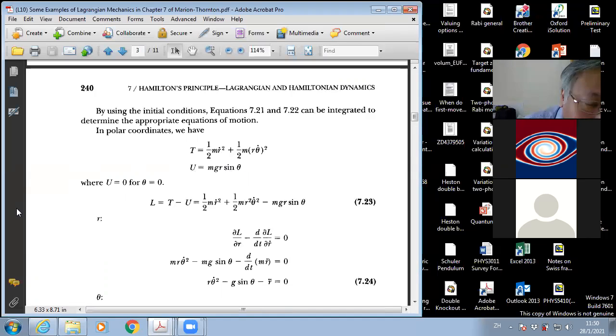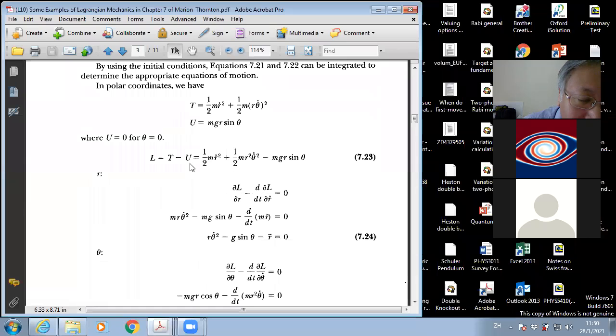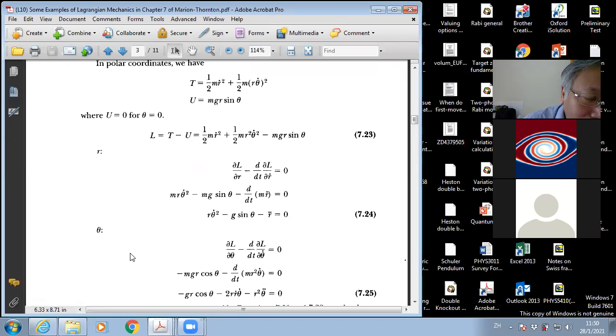Combine these two together, we have the Lagrangian. So we write down the Euler-Lagrange equation of motion in the radial direction, and the Euler-Lagrange equation of motion in the theta direction.